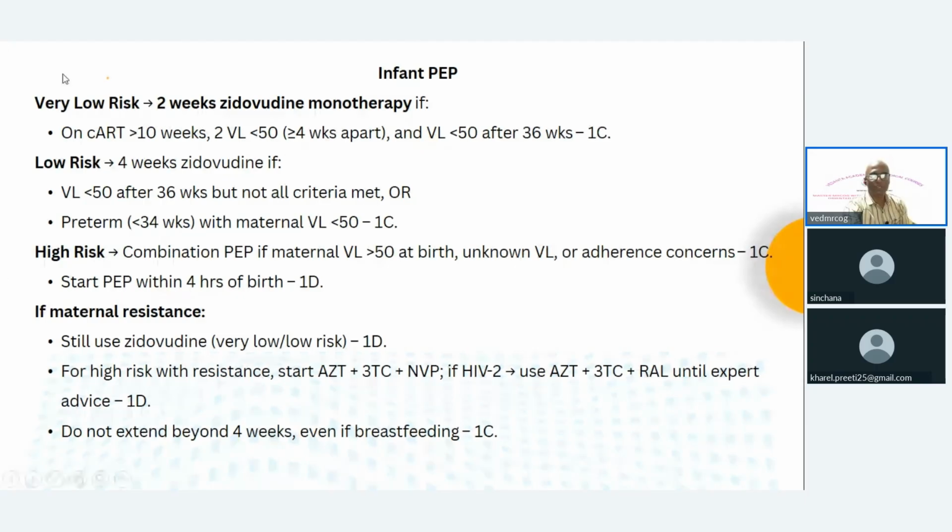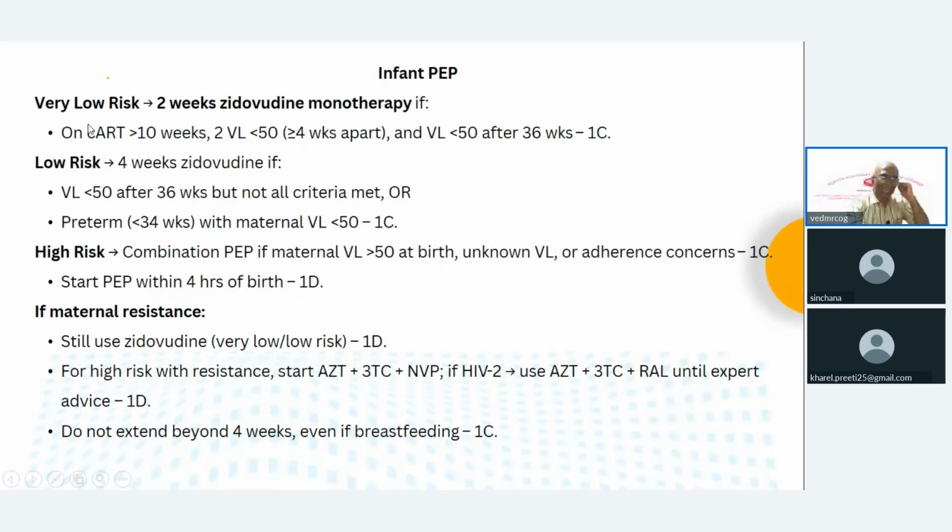Now, which are the very low risk babies? Where the mother is on CART for more than 10 weeks. There are 2 viral loads which are done 4 weeks apart and the value is less than 50. And last viral load which is done at 36 weeks is less than 50.